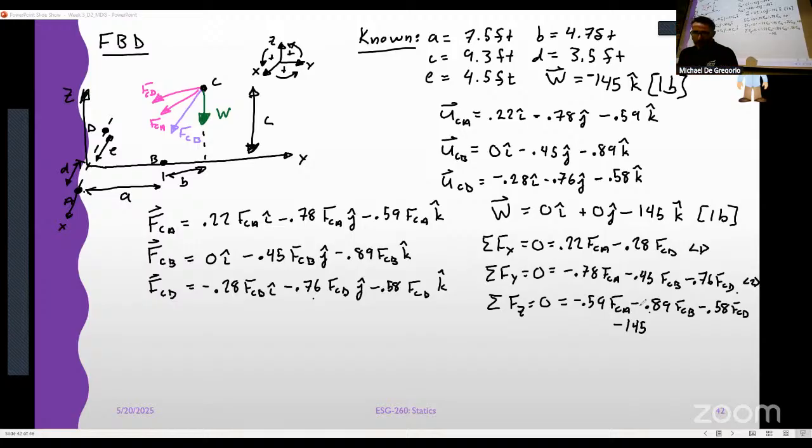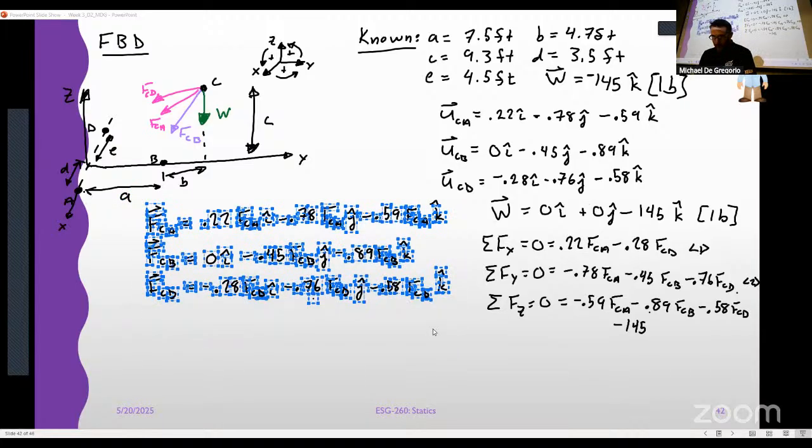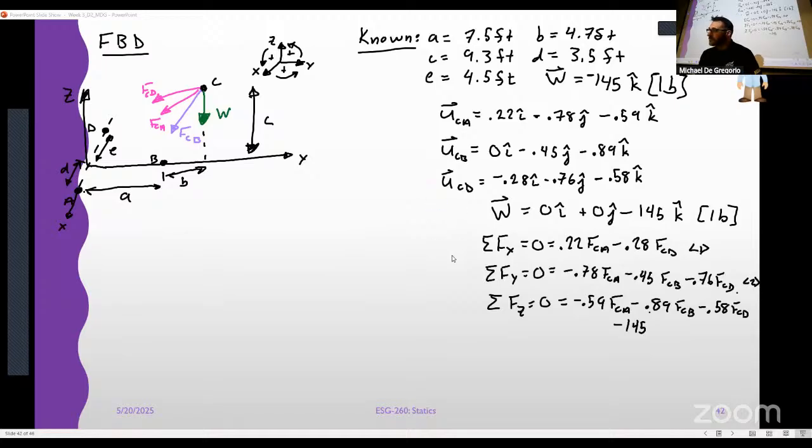So I'm going to erase my force vectors for right now, since we already have them over here, and we don't really need them for anything right now.